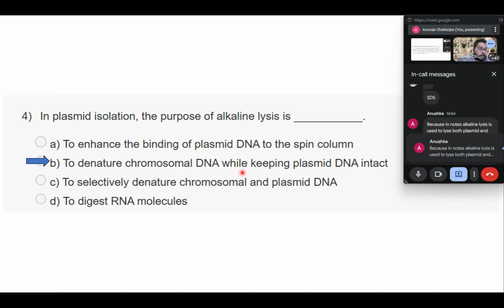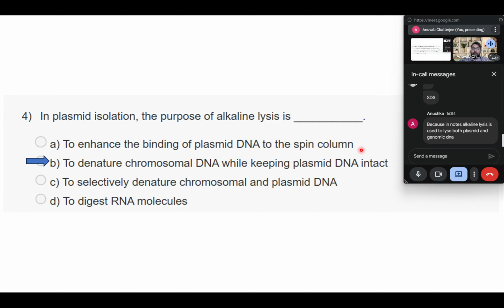Because in the notes, alkaline lysis is used to lyse both plasmid and genomic DNA. Yes, absolutely, that is what I was saying. Even though the answer seems to be to denature, the correct answer given by the question itself, so this is from the NPTEL side, is to denature chromosomal DNA while keeping plasmid DNA intact. That is not true. Alkaline lysis denatures both chromosomal and plasmid DNA, but it renatures plasmid DNA back.